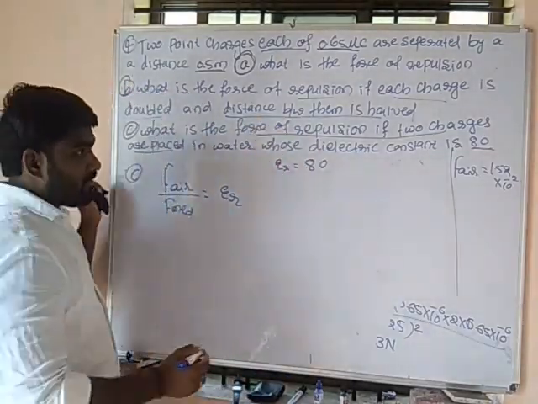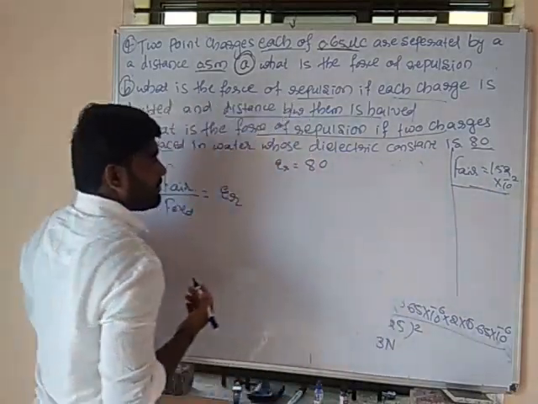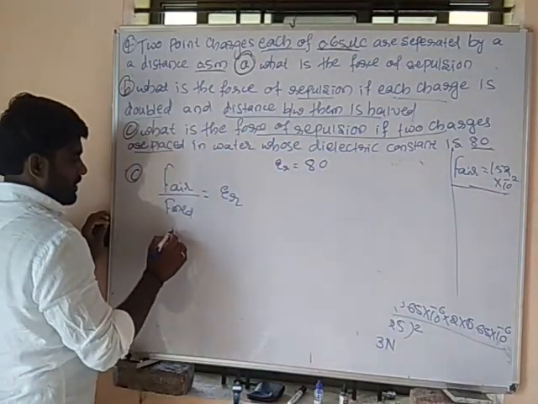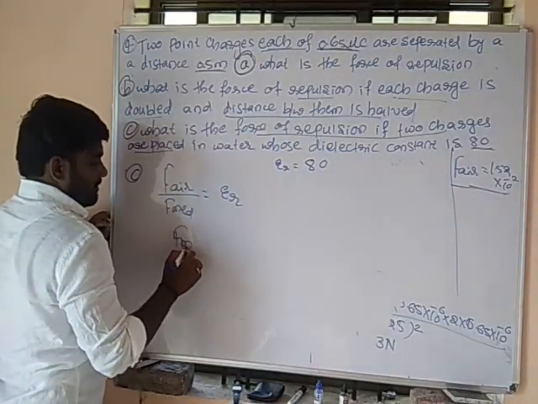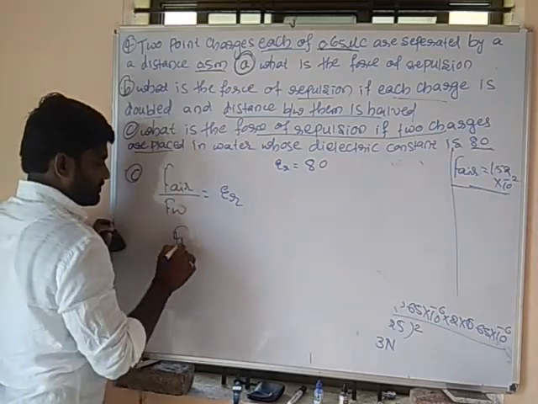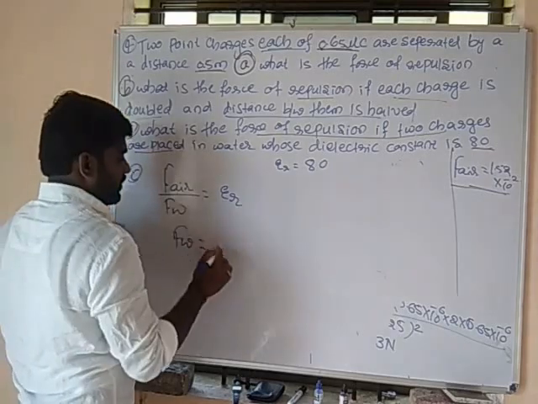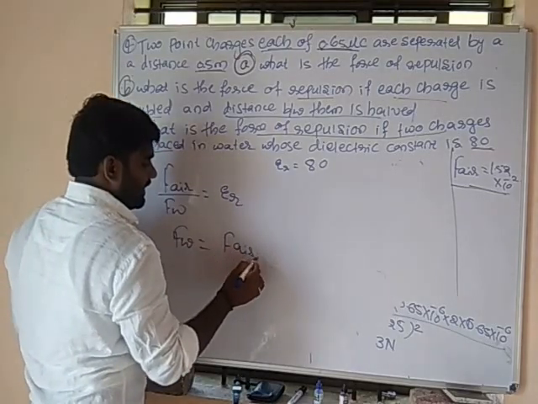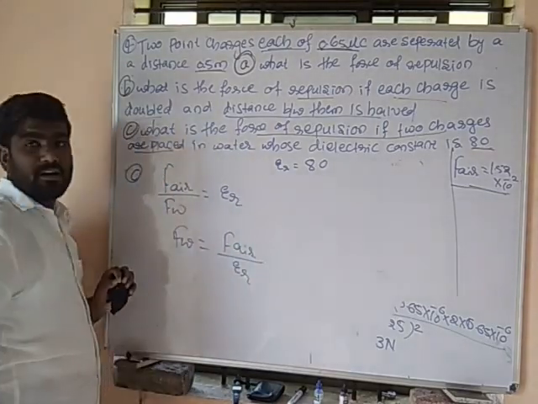What is the value of F at air? It will be 1.52. So F medium means what here? Water is the medium. F in water is equal to F at air divided by epsilon R.